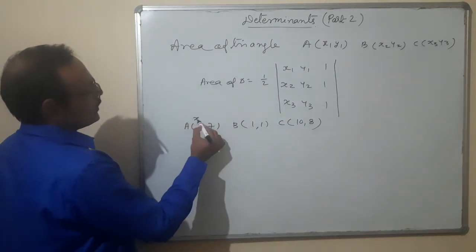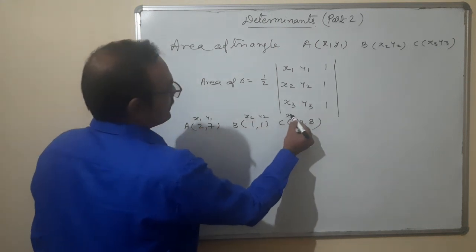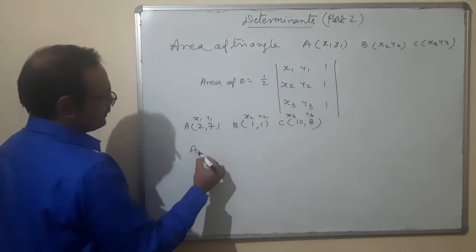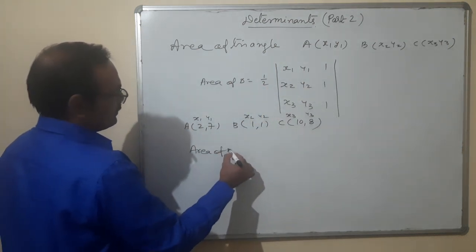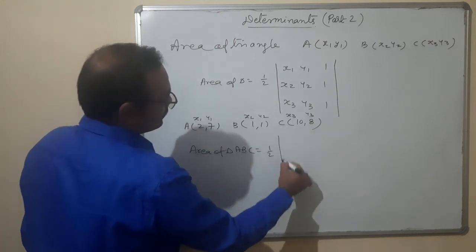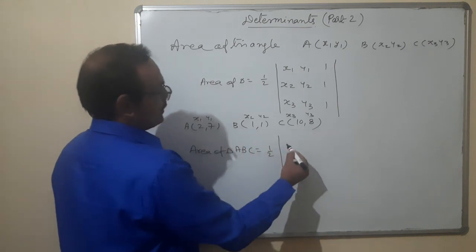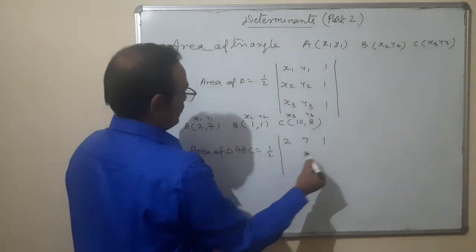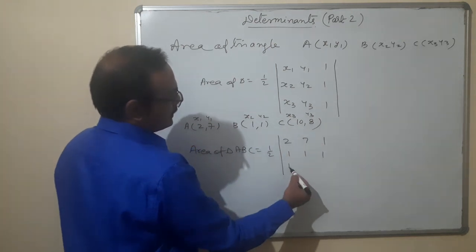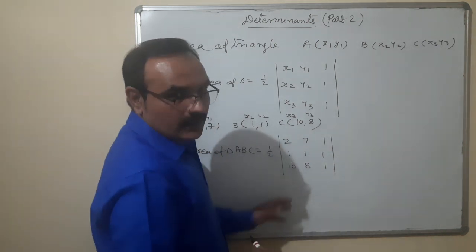This is x1, y1, this is x2, y2, and that is x3, y3. Using this, the area of triangle ABC is equal to 1 upon 2 times the determinant 2, 7, 1, 1, 1, 1, and 10, 8, 1. Okay, that is the process.